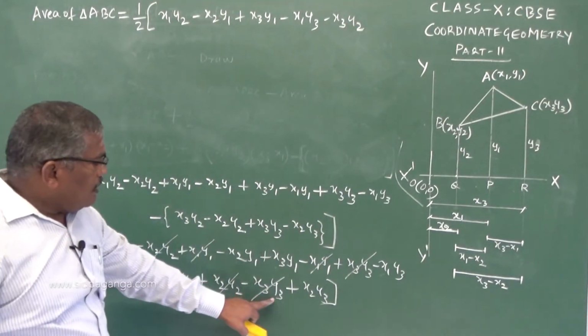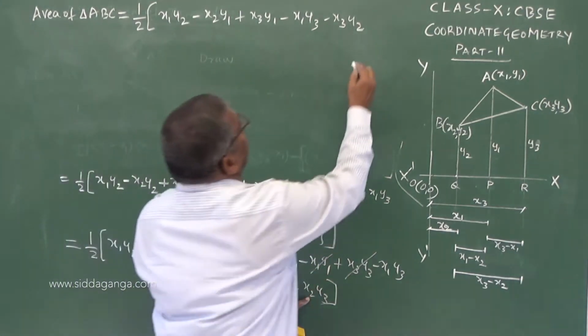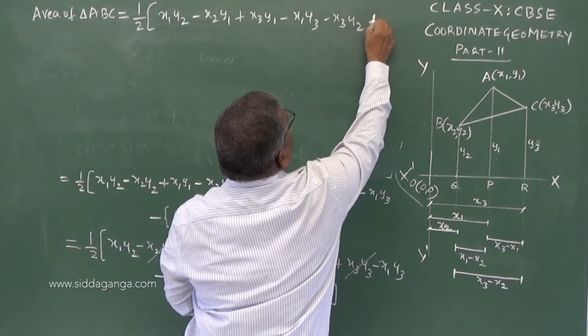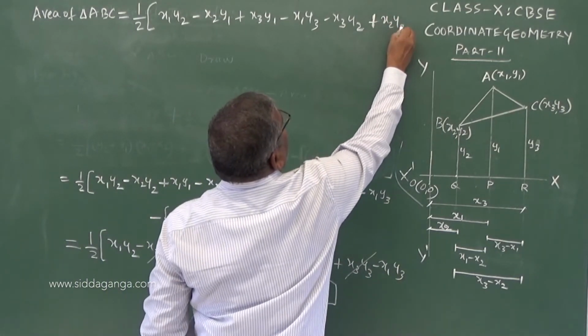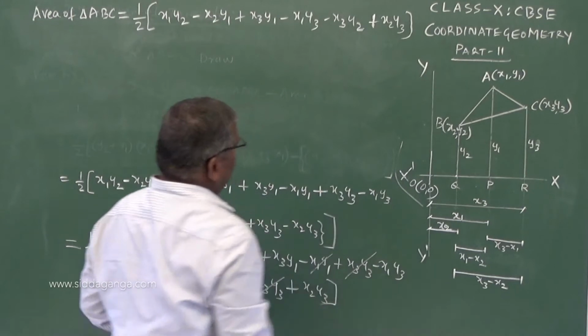These two are cancelled. We are left with x2 y3 plus x2 y3. So this is remaining.